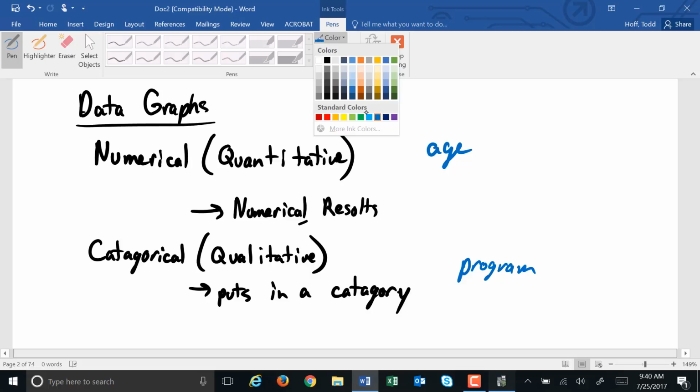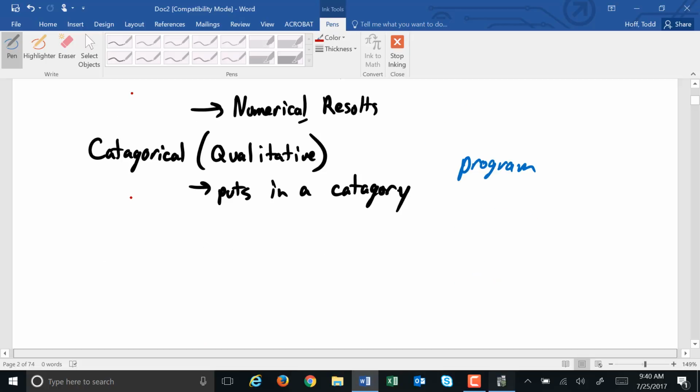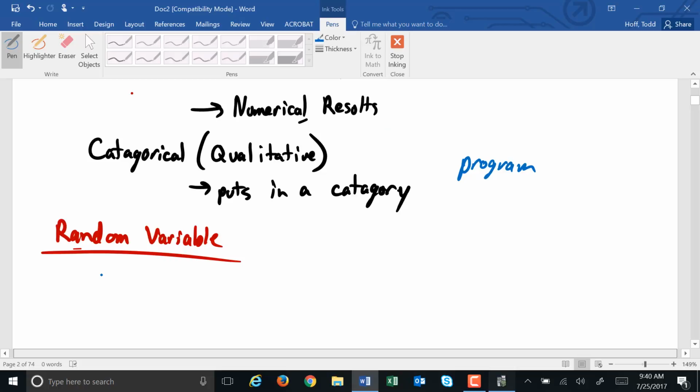What's happening with all of these is we are asking a question. There is a variable that we are graphing. It's called the random variable. And the random variable is the answer to a question of interest.